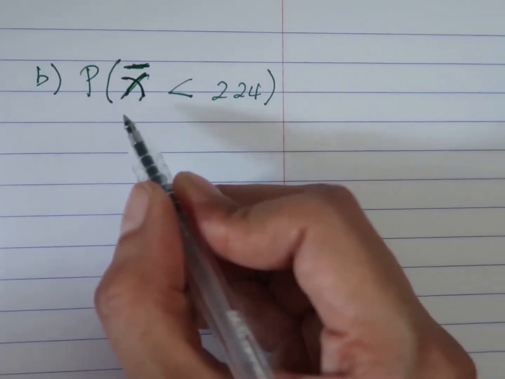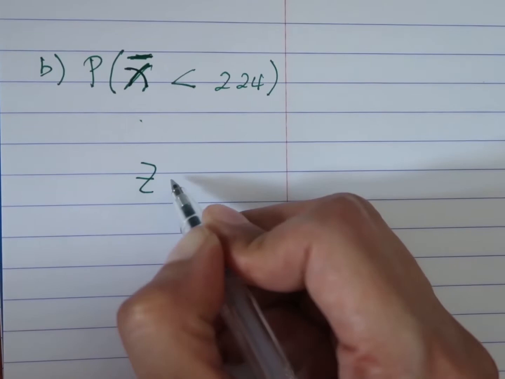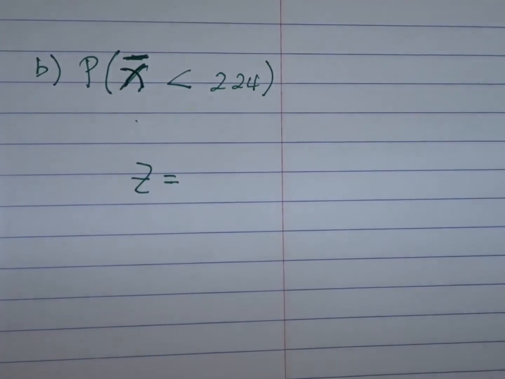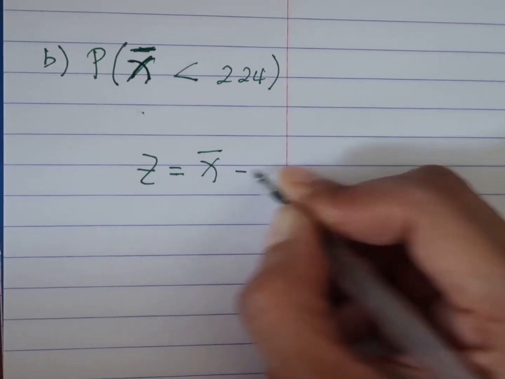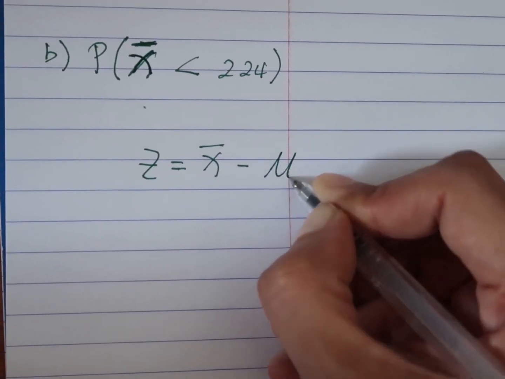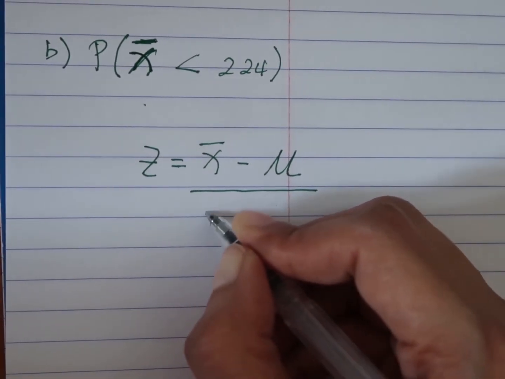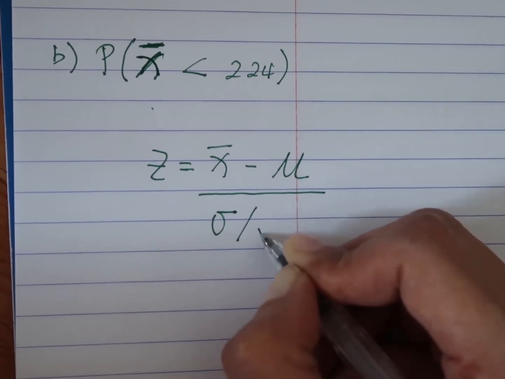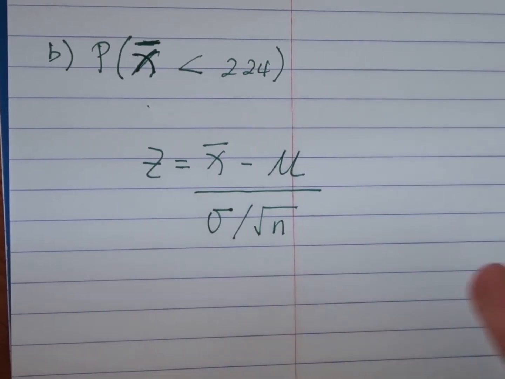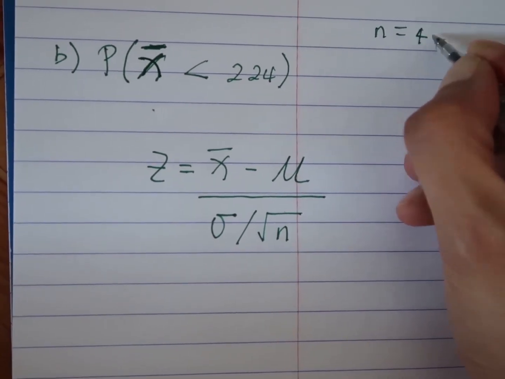So since the given is a sample mean, to solve for the z value, apply the second formula, which is sample mean minus the population mean over the standard deviation of the population divided by the square root of n, because you have already the given sample, which is 40.